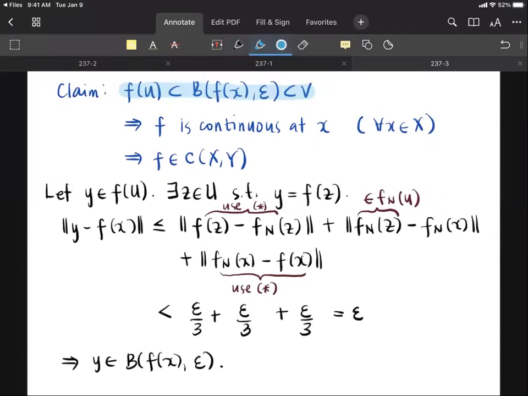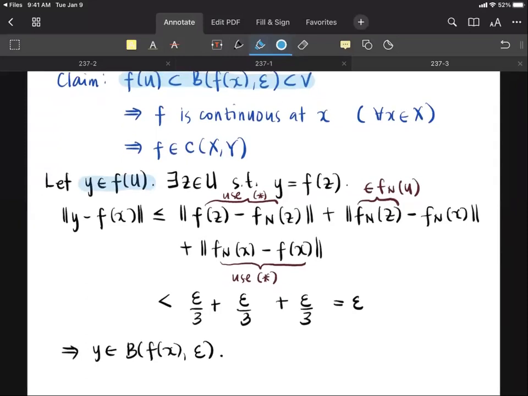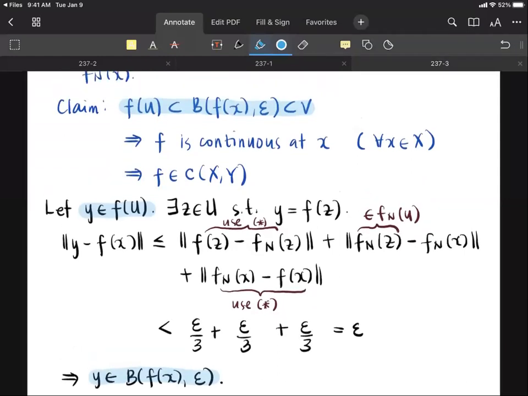Okay, so where did we start? Y is in f of u, and we end up with y being in the open ball. So this proves the first inclusion in the claim, and the second inclusion is, take note, via construction. And this completes our proof.